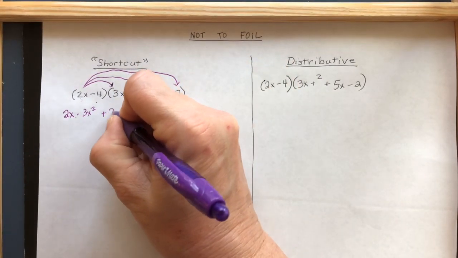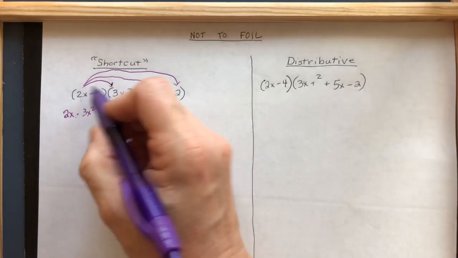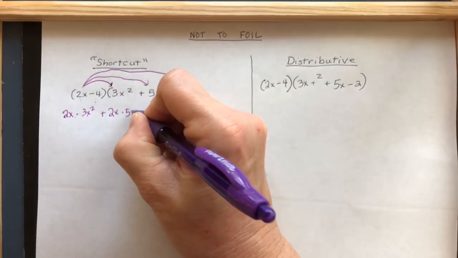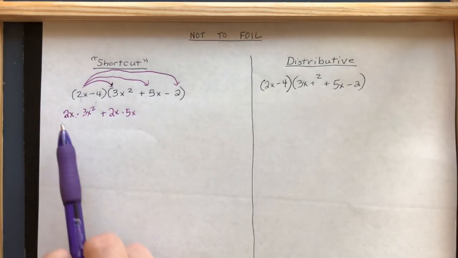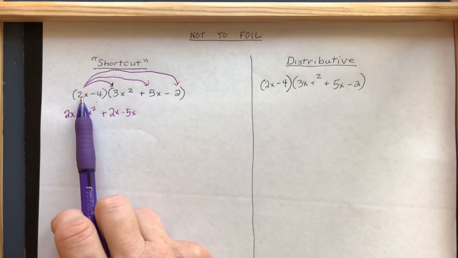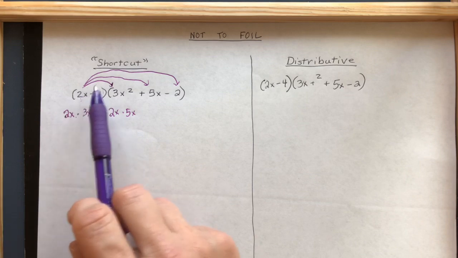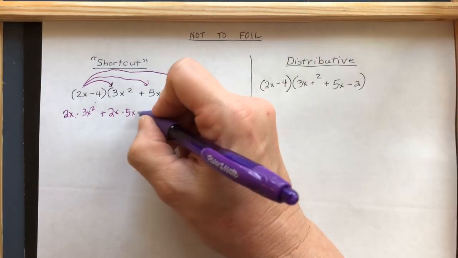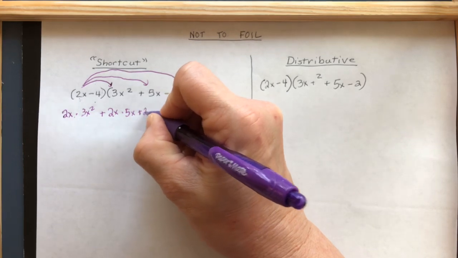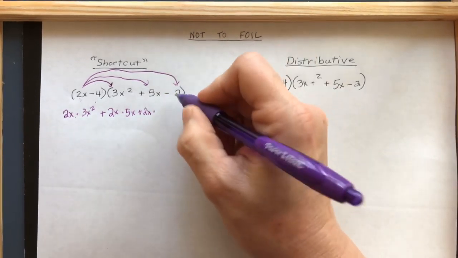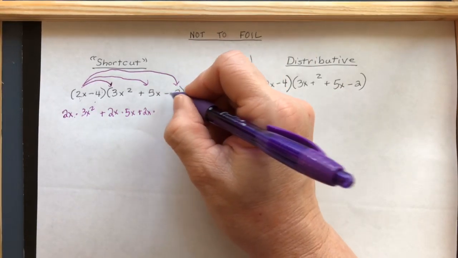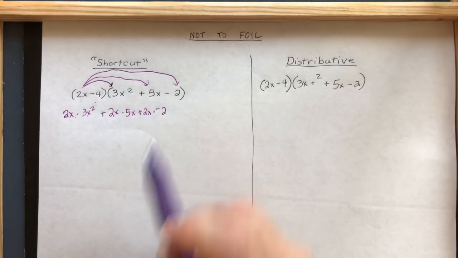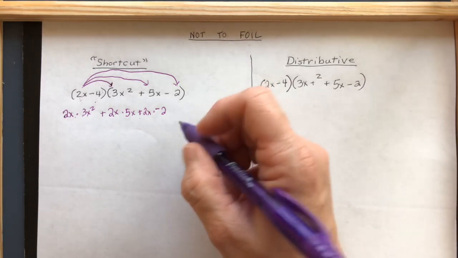So I'll take that 2x times 5x. Then I'll take this first term in the first binomial and multiply it by this last one. So I'll go all the way over here, plus 2x times, now careful, this is negative 2. Or I could have said minus 2x times 2, either one.